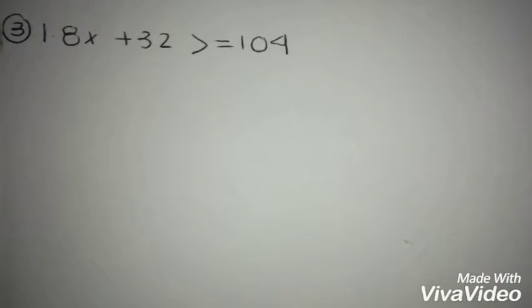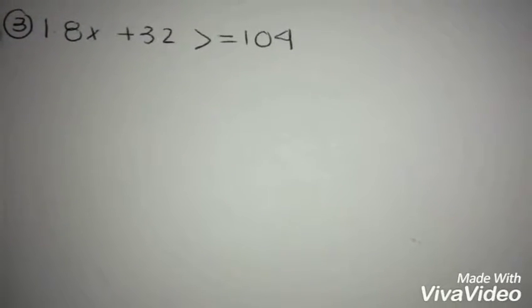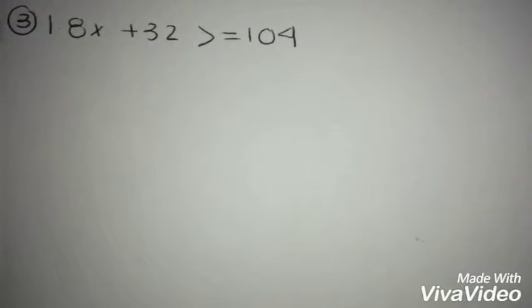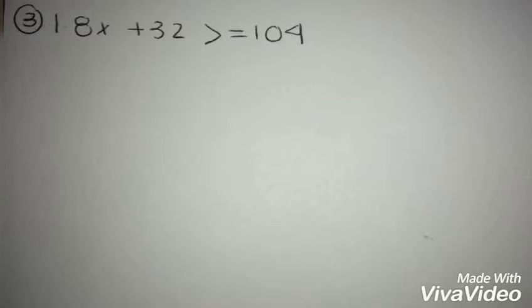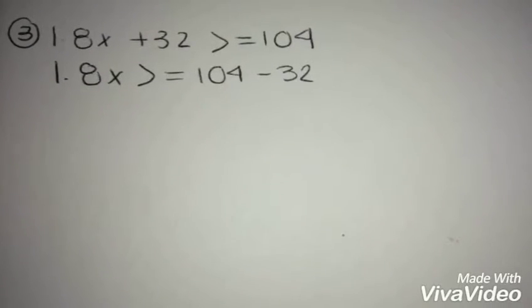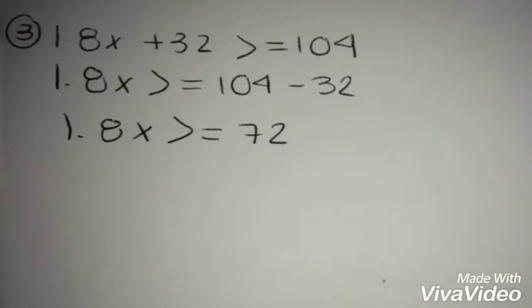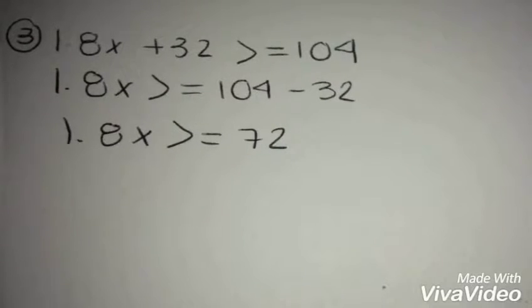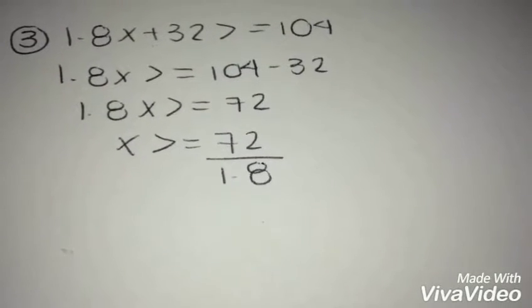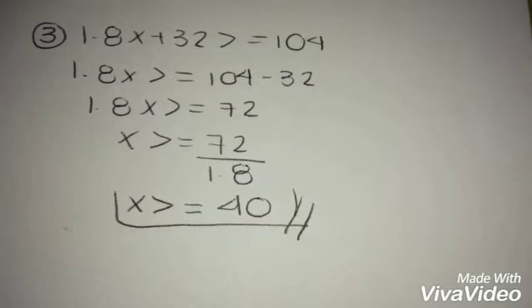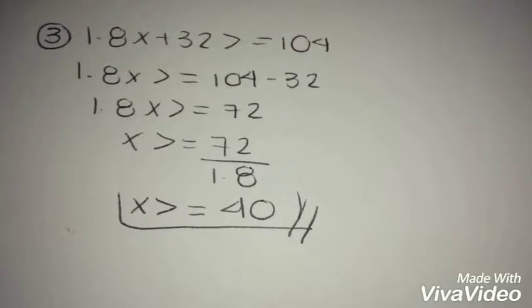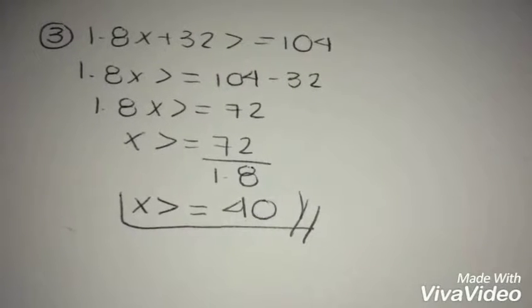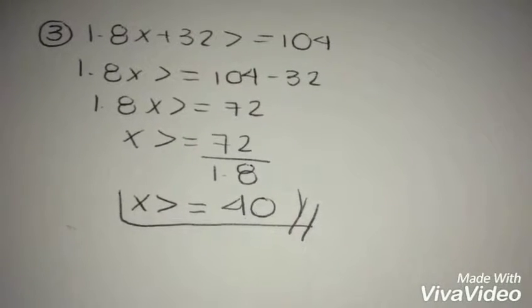To solve this, we will use the equation 1.8x plus 32 is equal to or greater than 104, where x is the number of degrees Celsius, and we will continue solving the x to obtain that number. The result is 40. This means that the number of degrees Celsius must be greater than or equal to 40.